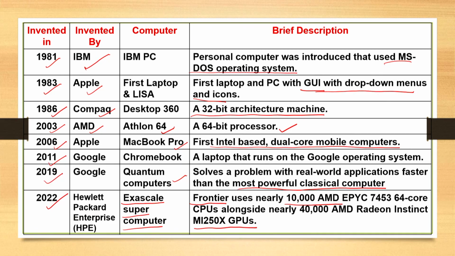It is a very powerful system. It can perform a huge amount of operations at a given time. It is known for its speed. So, this was all about the history of computers.